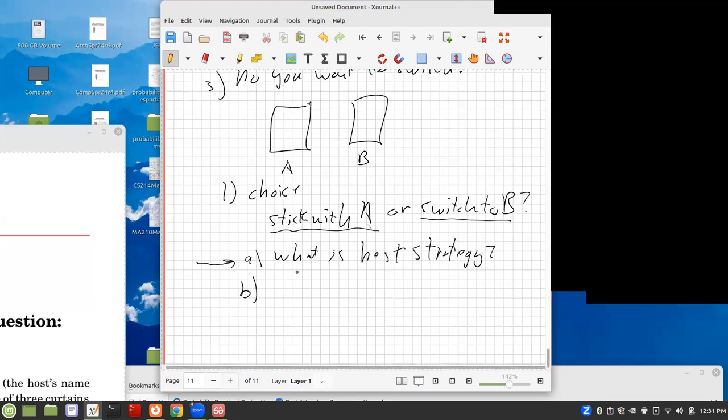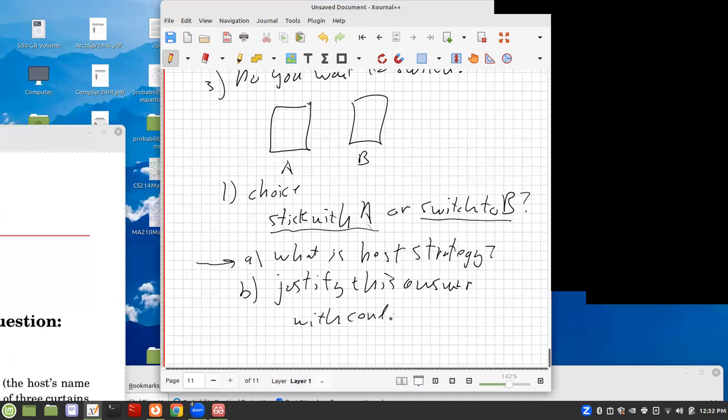And B, the second is to justify this answer with conditional probability reasoning. So it's not only knowing the best strategy, it's how you justify that with conditional reasoning.